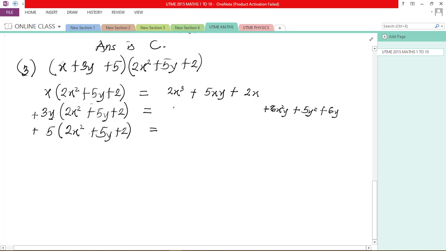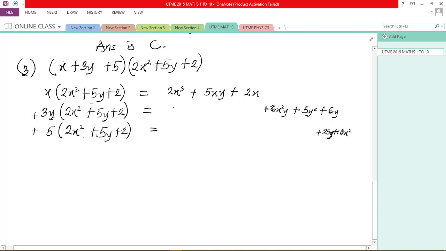Then let's multiply this. 5 times 2x squared. This will give you 10x squared. 5 times 5y. It will be under this. I can easily add it with this one to give me 25y.